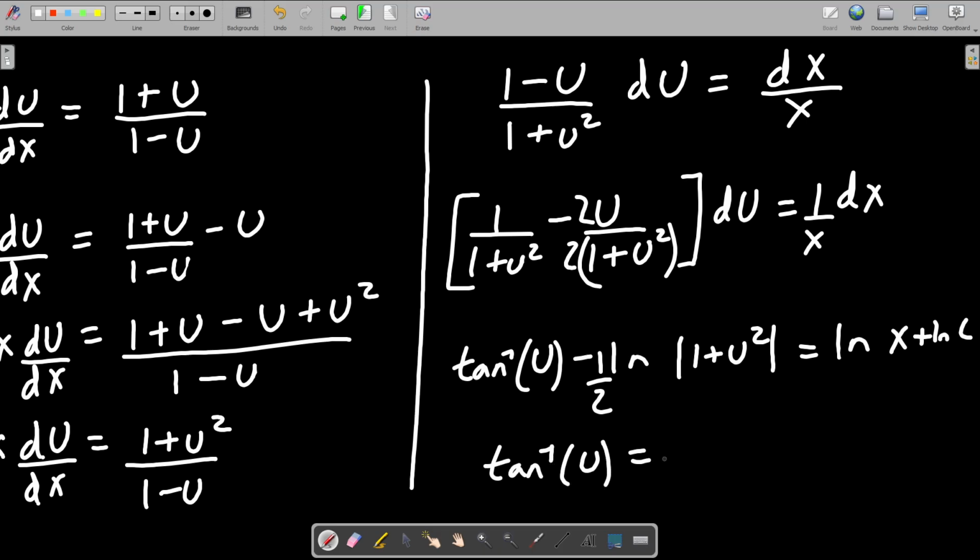I'll take this term on the other side, so I have half times ln of modulus of 1 + u^2, and on the other side ln of modulus of x plus ln of c. C you can ignore the modulus.